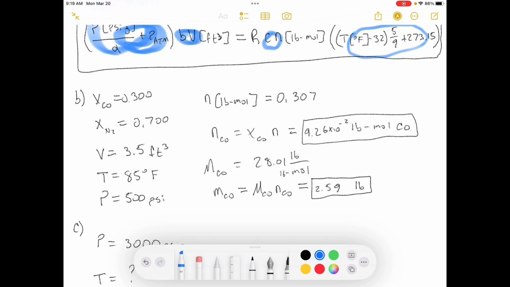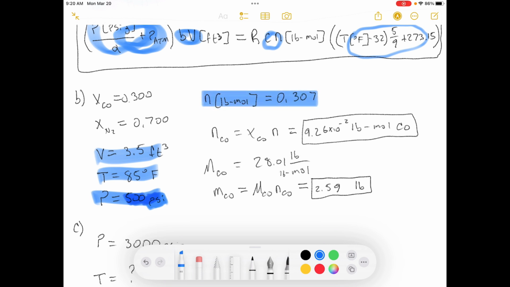Okay, so now we just use our equation that we used before, and we solve for the number of moles. They gave us the volume, the temperature, and the pressure, and this is in psig, because it's a Bourdon gauge. It's measuring the pressure inside the tank, so that's a gauge pressure.